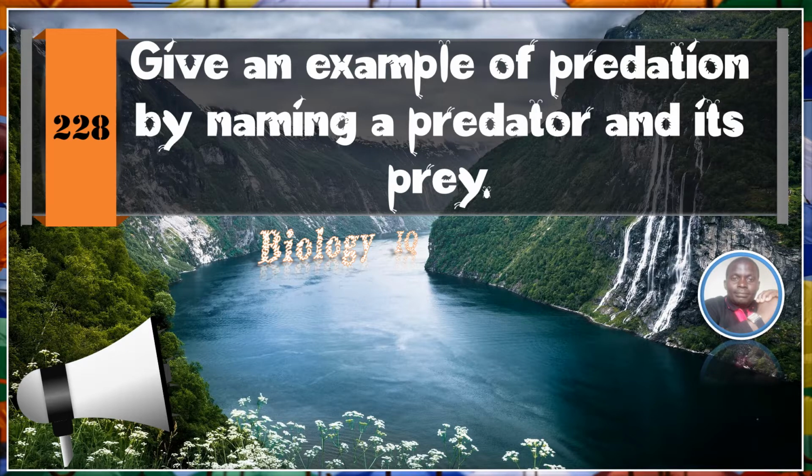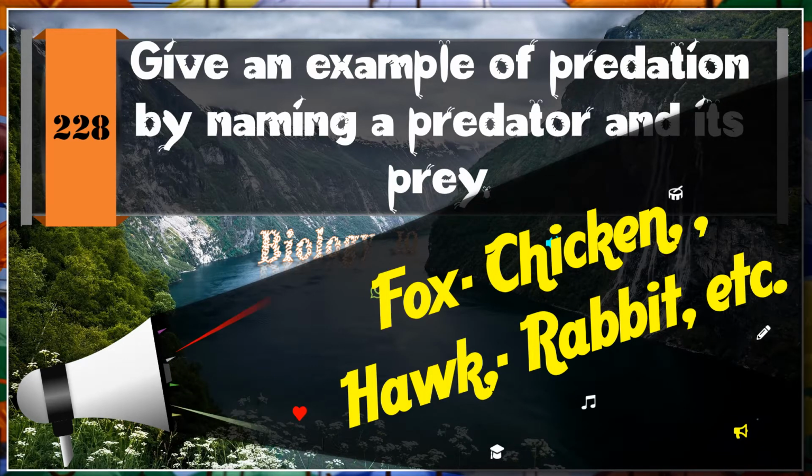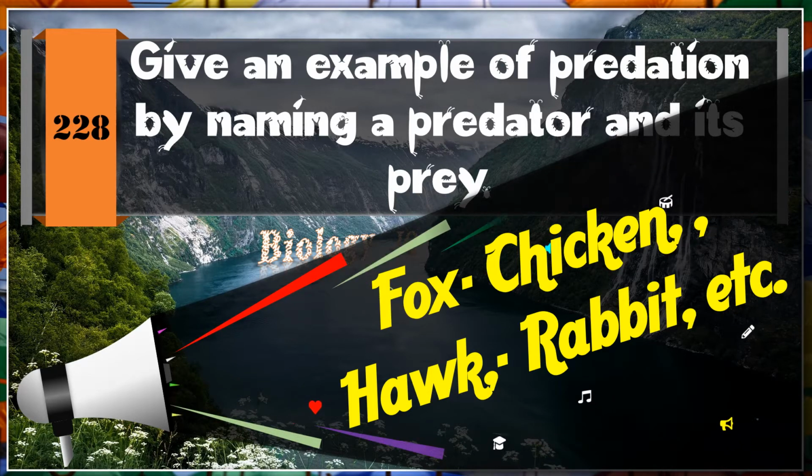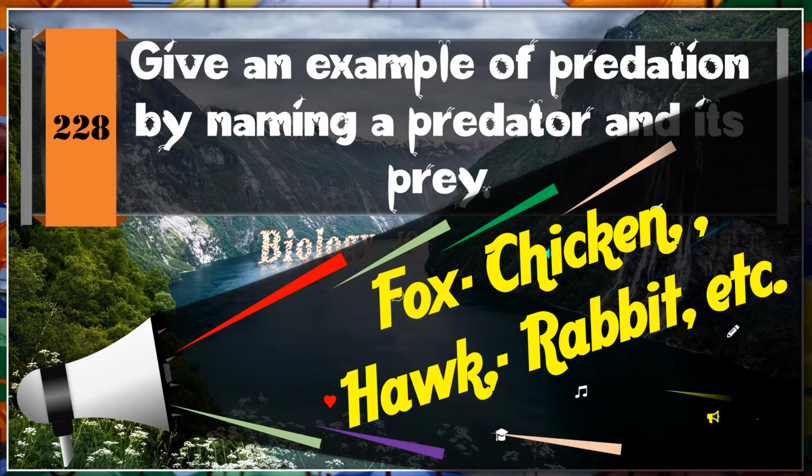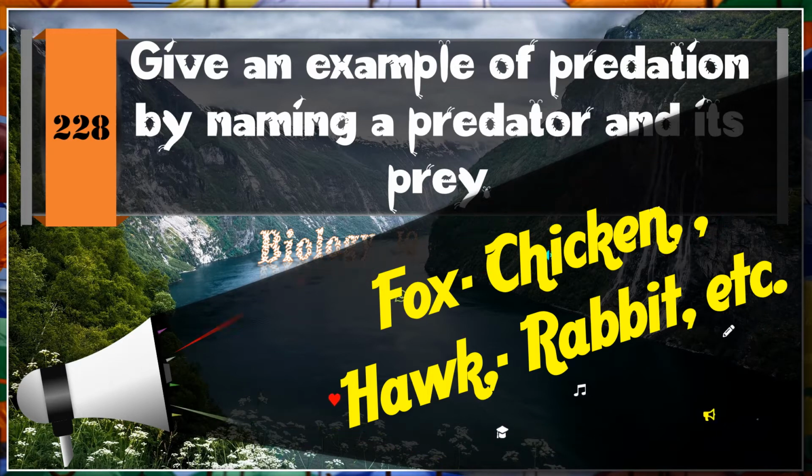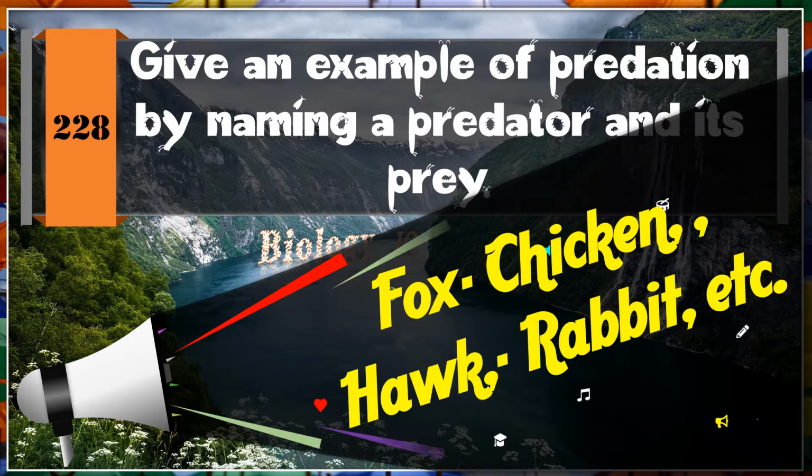Give an example of predation by naming a predator and its prey. Fox is a predator and chicken is its prey. Then we have the hawk as a predator and a rabbit the prey, and many others.